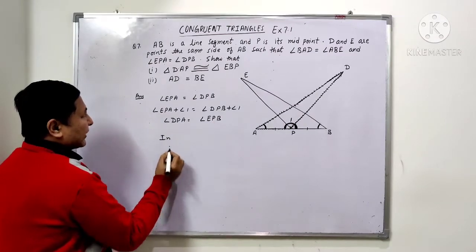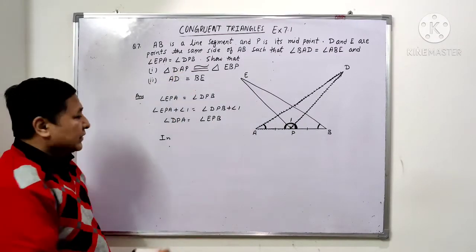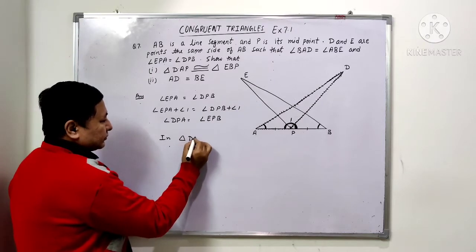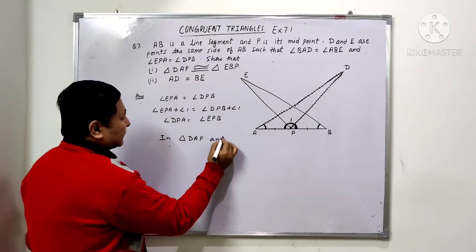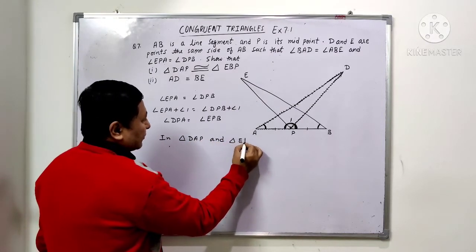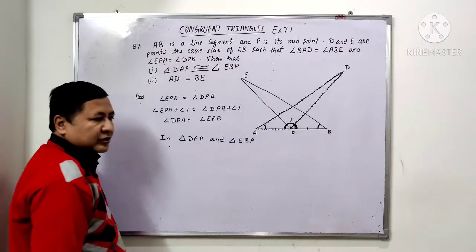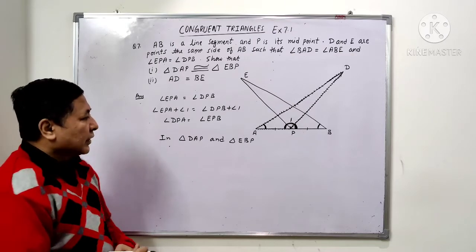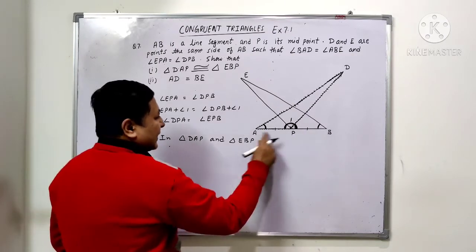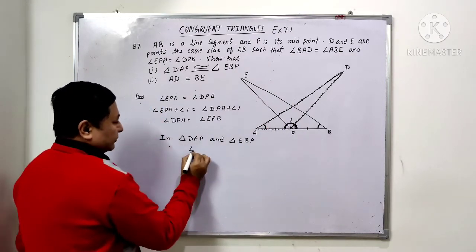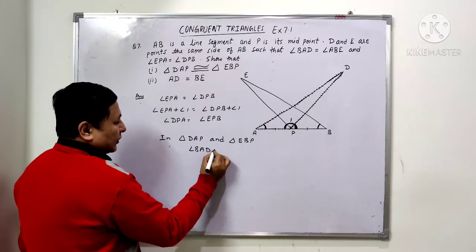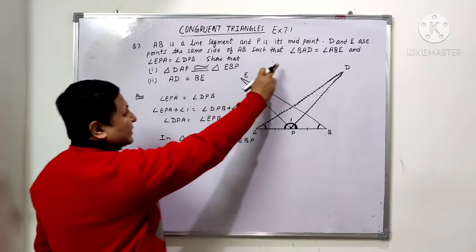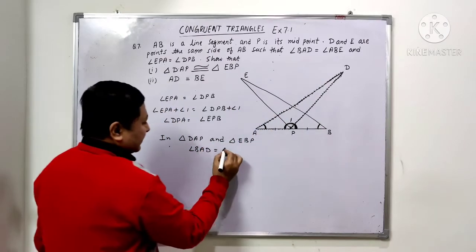Now I will take the two triangles, triangle DAP and triangle EBP, and let us prove them congruent. Now let us see what is given in the question. Angle BAD is equal to angle ABE.